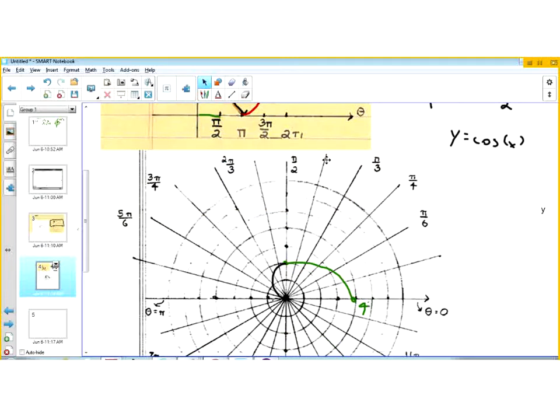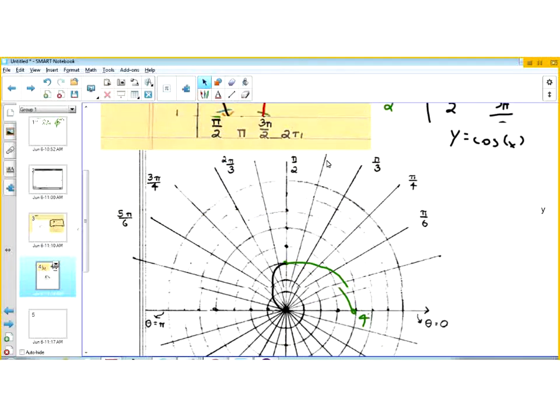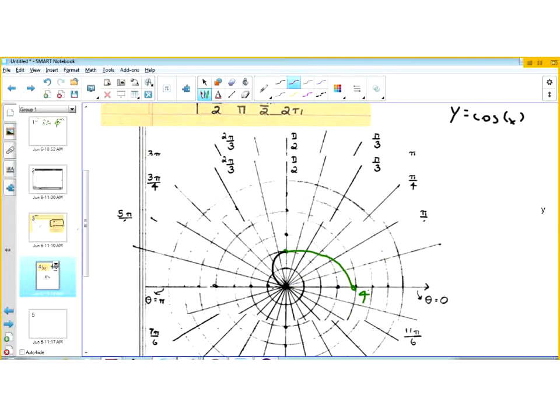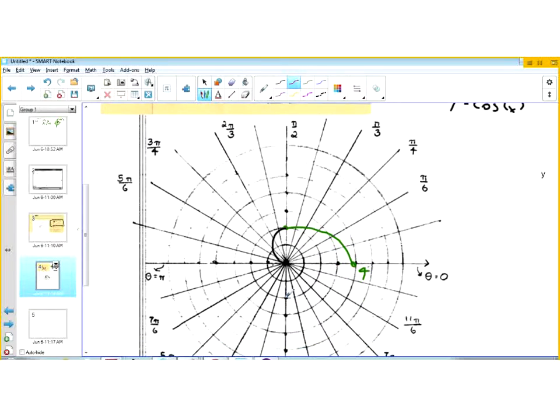So 3 pi over 2, 2 is where? Here's 3 pi over 2, that would be right here, correct? Mimicking the shape, we sketch that arc.